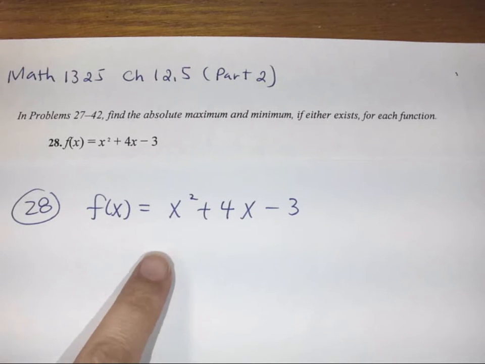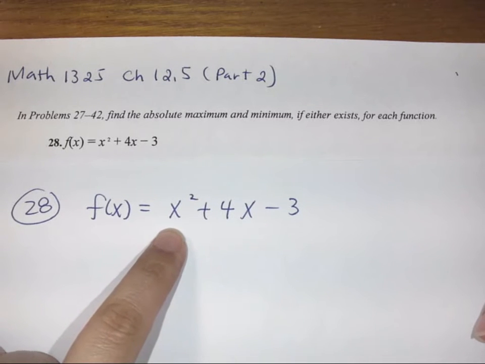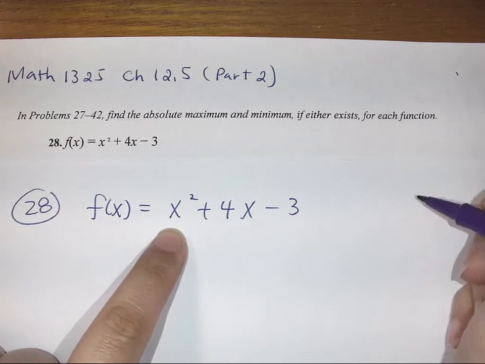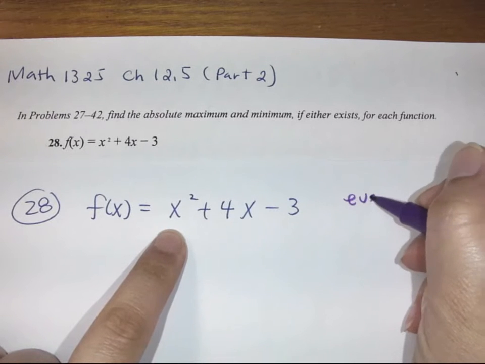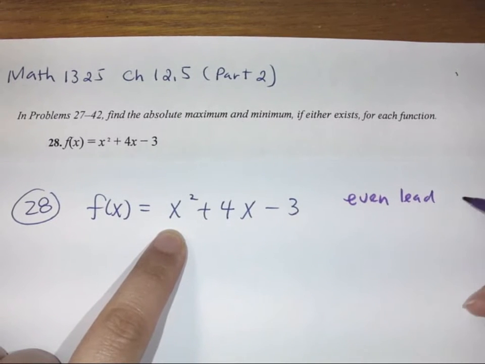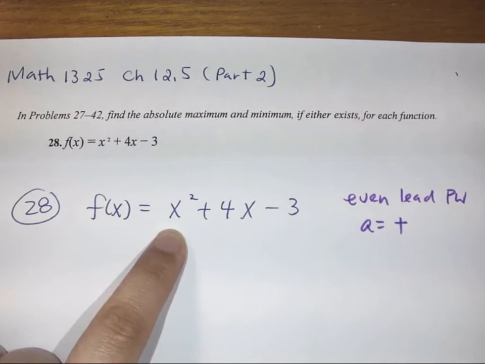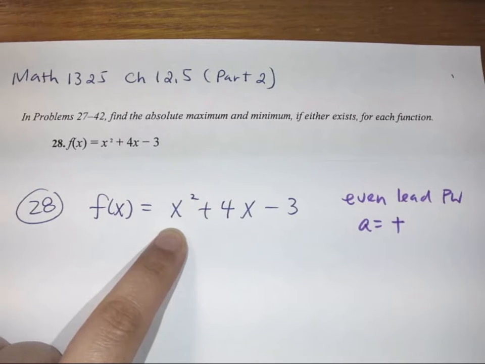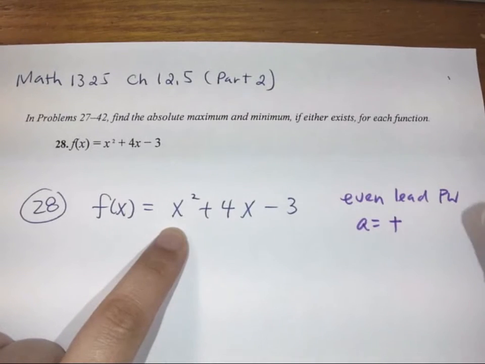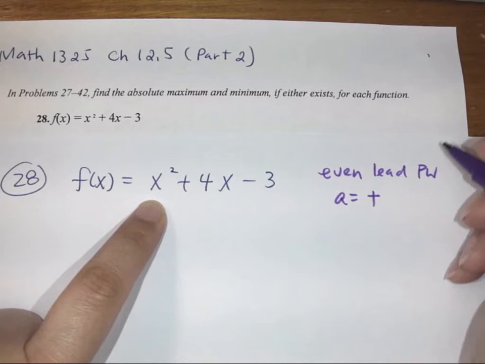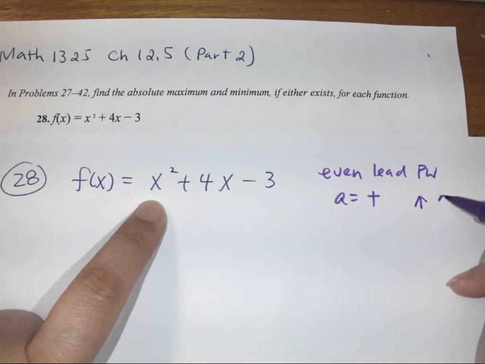And we know this graph because the highest power is what? x squared. So it's an even leading power, and A is positive. What do you think the end behavior should be? It's just a regular open up parabola, right? What is the maximum number of turns?